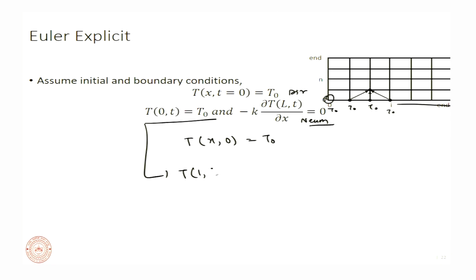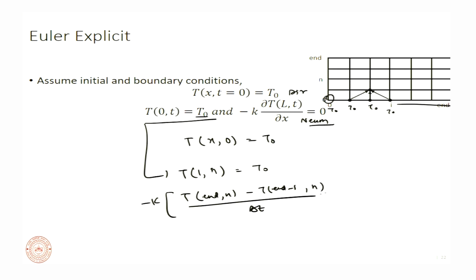T naught at a given n is equals to T naught, and T at the last one of this, say this is end comma n minus T of end minus 1 of n divided by delta x is equals to 0. So, we are solving for this expression. Which time step are we taking?